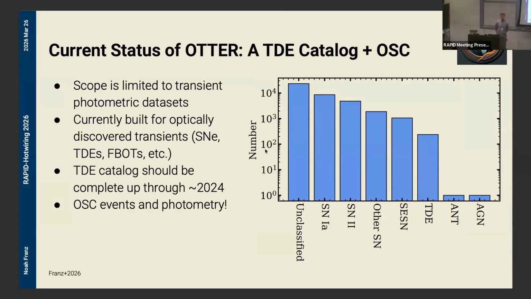And that included a lot of AT-named things. But there's also about 20,000 Type Ia supernovae and about 240 tidal disruption events, ambiguous nuclear transients, AGN, things like that. And so all of this data should now be easily accessible for everyone to use, once again, I guess.